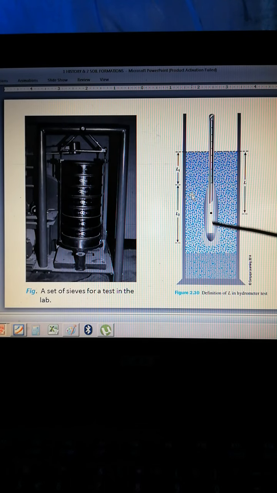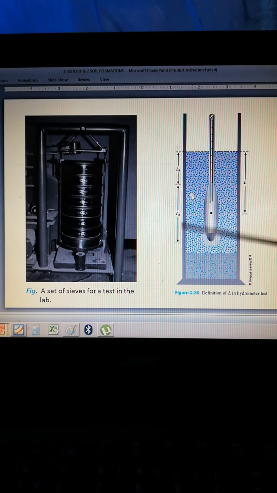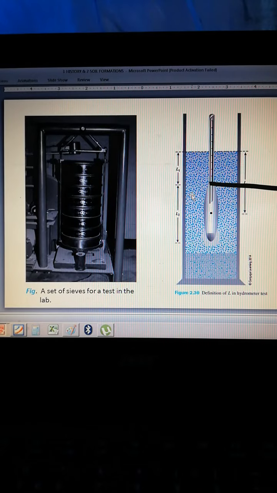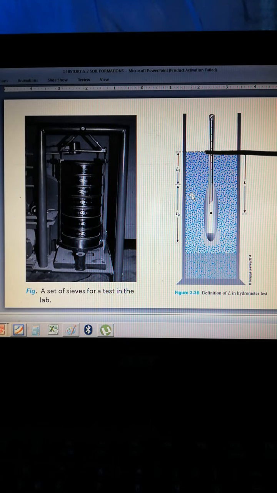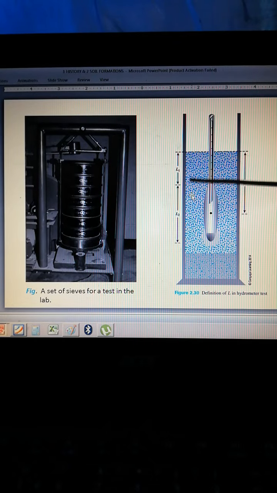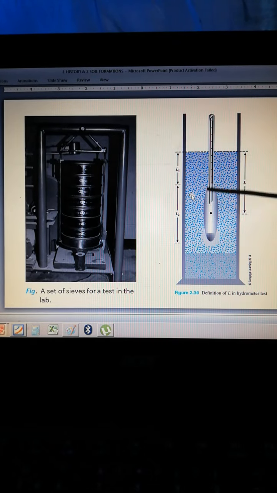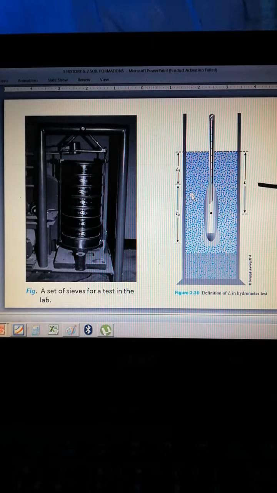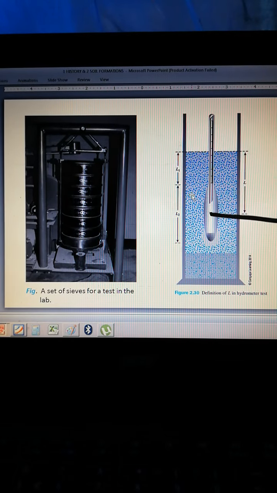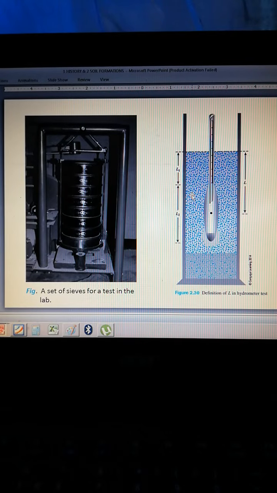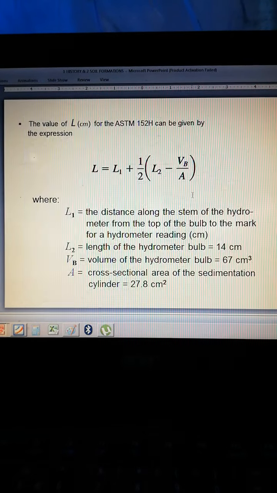You have the dimension here, and what you can do is read that, which would be L1. Then you have the other dimension, and you can measure to get the L. But we have given values for that.